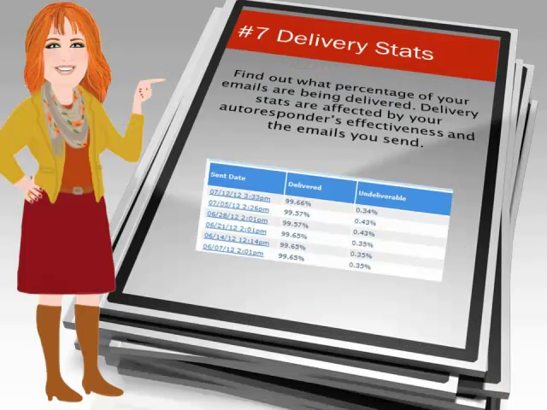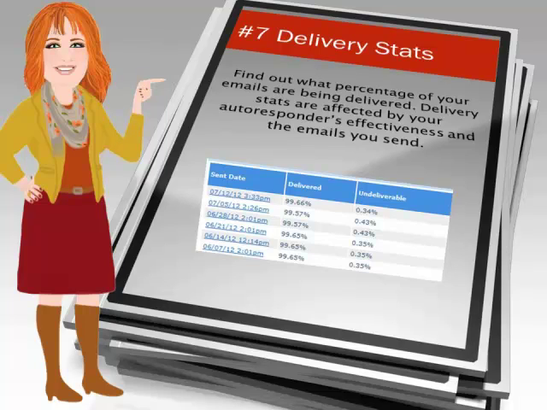Delivery stats are also important. You need to find out what percentage of your emails are actually being delivered. And I know this can get a little hairy because a lot of programs don't do that. Autoresponders have different effectiveness rates, meaning how they deliver and their deliverability rates.